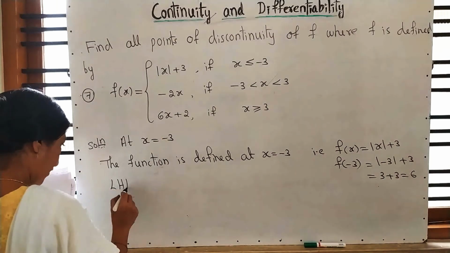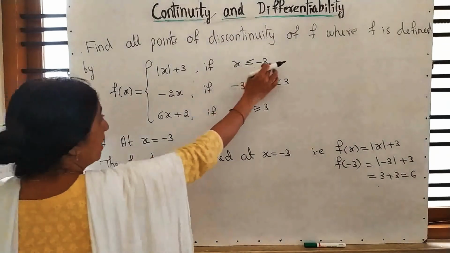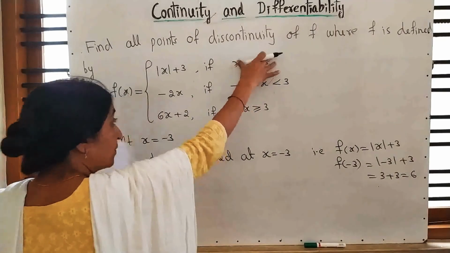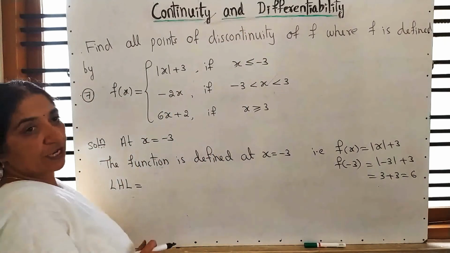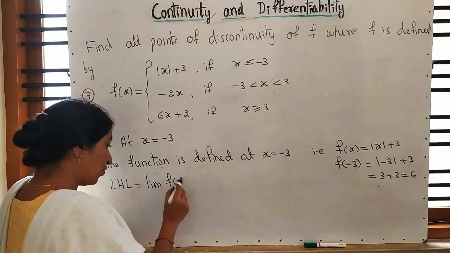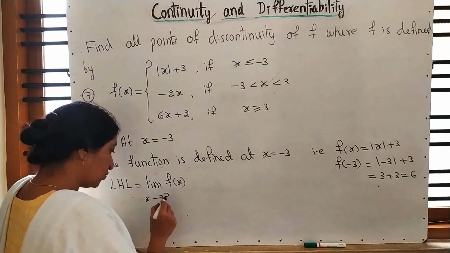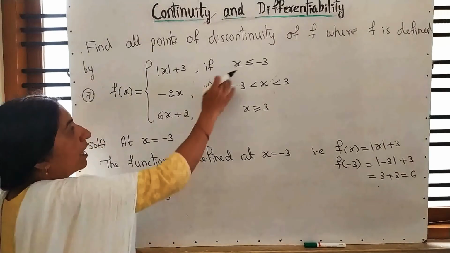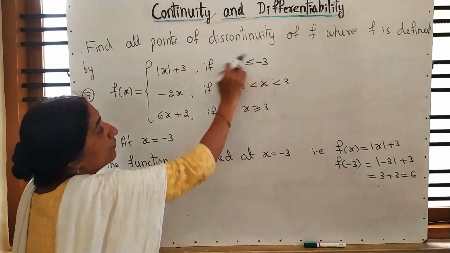Now I am moving to the left hand limit. Here we have minus 3 in this expression and minus 3 in this expression. How do you write the left hand limit? Limit f of x as x tends to minus 3 minus, where it is less than minus 3 in the first expression.